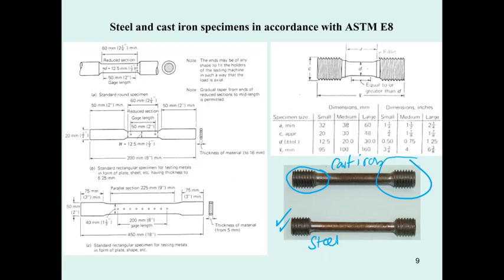The American Society for Testing and Materials, ASTM E8, specifies the specimen for the steel in this portion. And for the cast iron, the specimen is supposed to follow this portion. So when you go to work after graduation, you may have a chance to check the appropriate specimen that we are going to use in your real work.